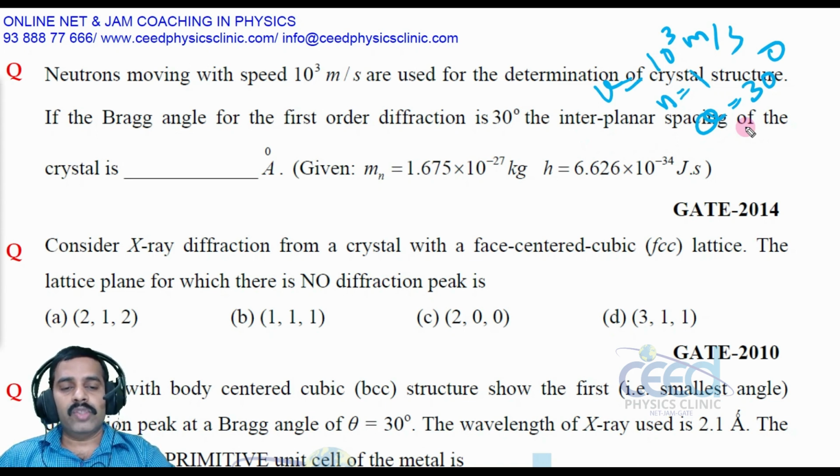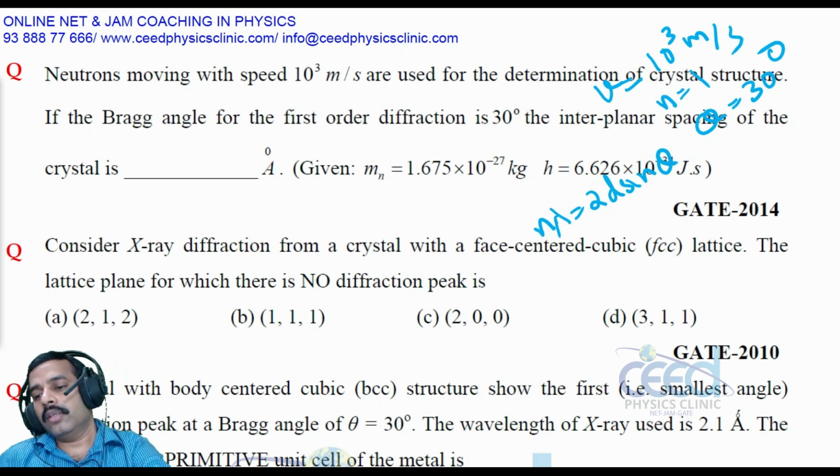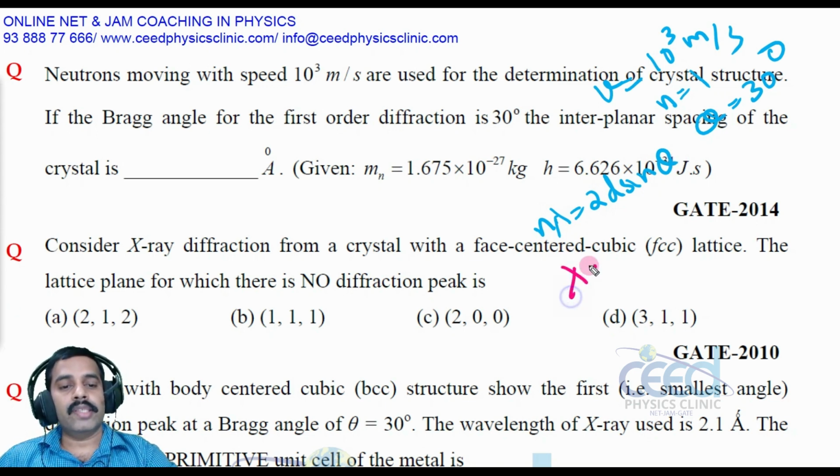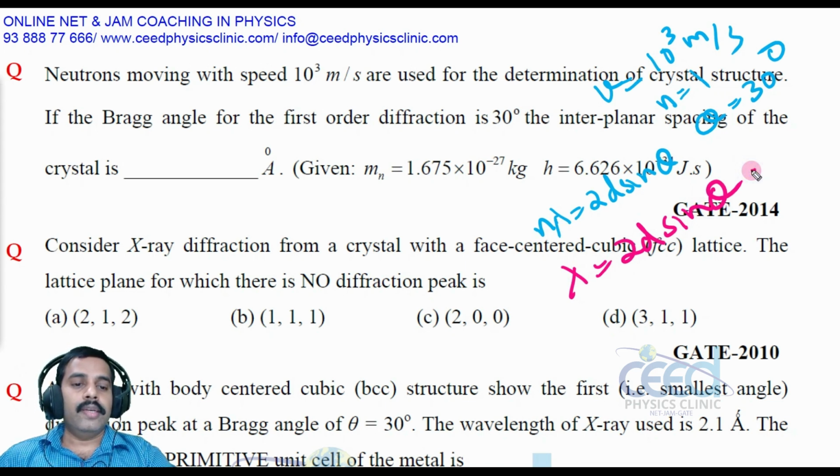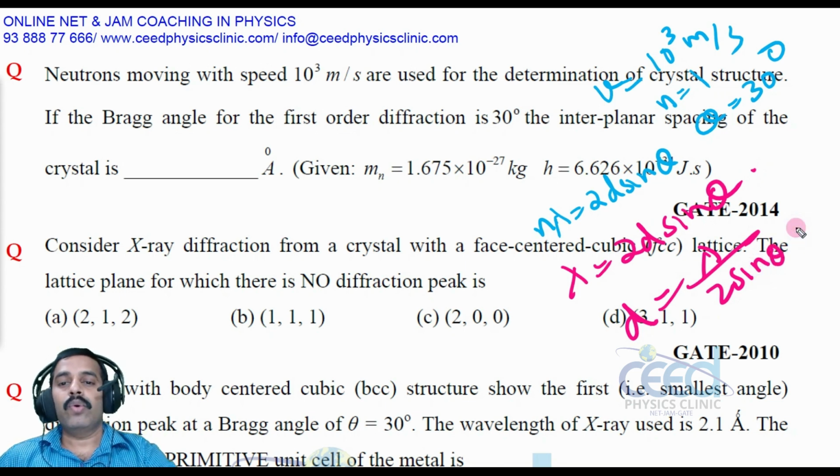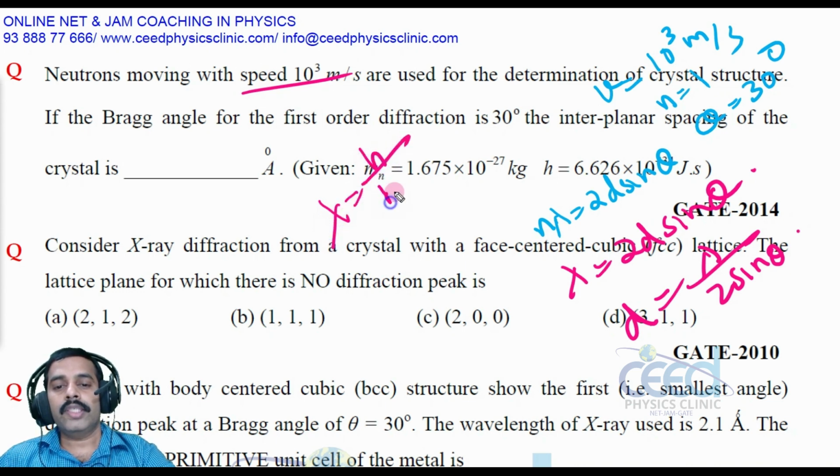So what is Bragg's law? n lambda is equal to 2d sin theta. If I consider the first order reflection, lambda is equal to 2d sin theta, and we need to find d. d is equal to lambda by 2 sin theta. What is lambda? The velocity is given, so from the de Broglie concept, lambda is equal to h by mv.